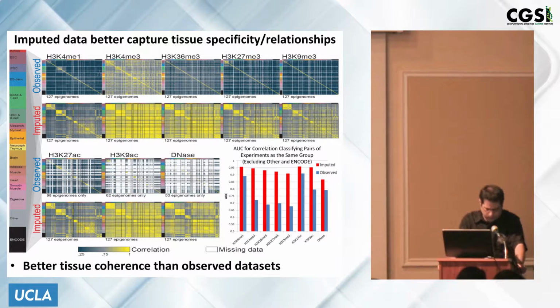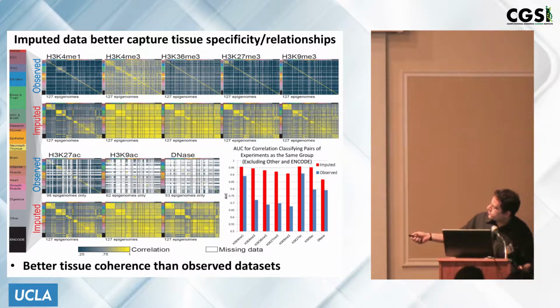And then another point I was making was we might actually have benefits over using the directly observed data. And this is one approach to argue this. What you're seeing here, each pair of heat maps corresponds to one specific mark. The top row corresponds to the observed data, the one below it, the imputed data. It's showing you a correlation grid where yellow means higher correlation between pairs of experiments.